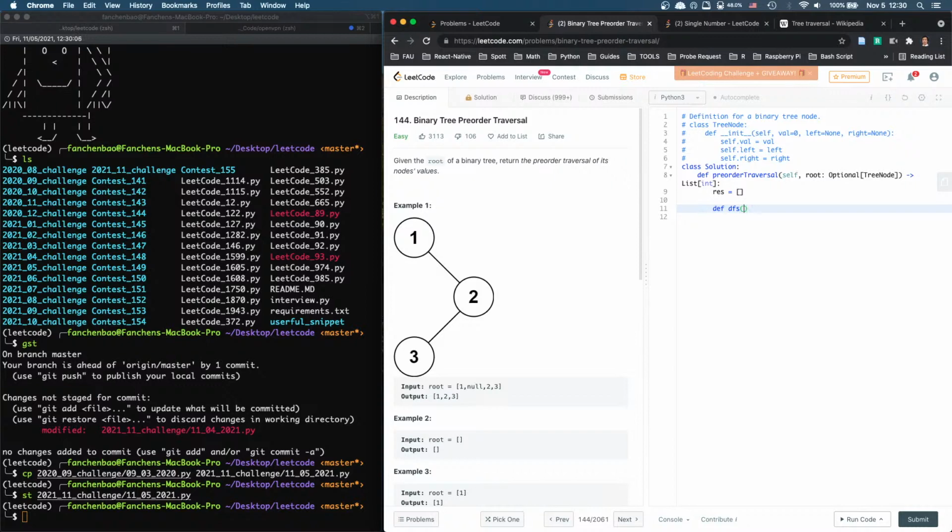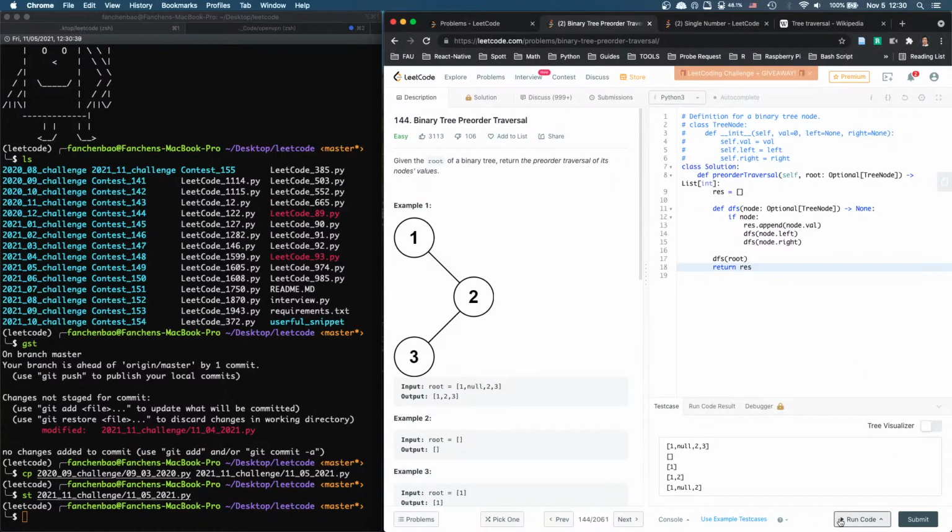With the tree node, we can just say if node, res.append node.val, and then DFS node.left, and then DFS node.right. Then we call DFS on root and return res. I think this one shall work.